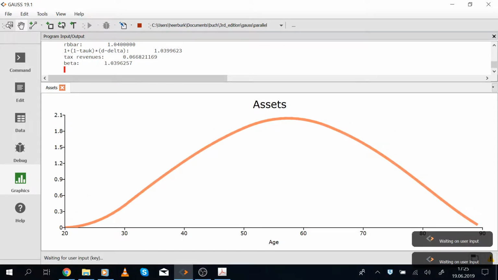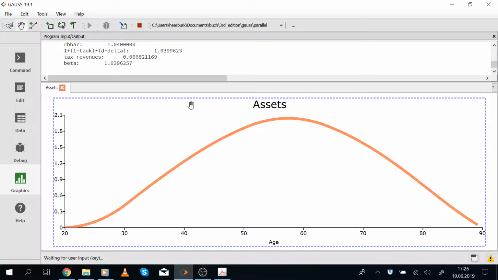And here we find the life cycle behavior of the households in the 70 period OLG model with endogenous labor supply. And this looks very plausible. So you should always check these intermediate results and see if they make sense. You should look at the individual behavior, at the optimizing behavior, and see that the assets behave as expected.